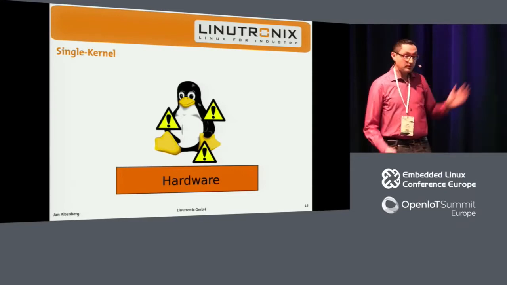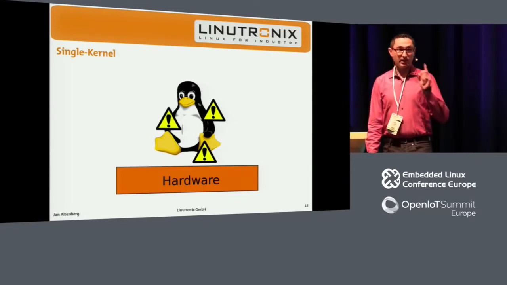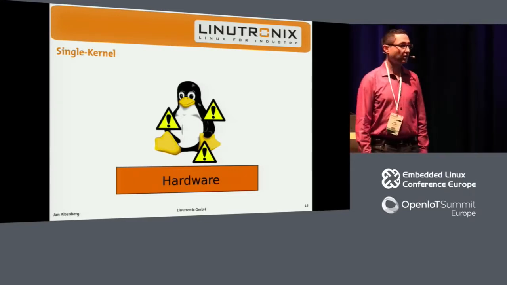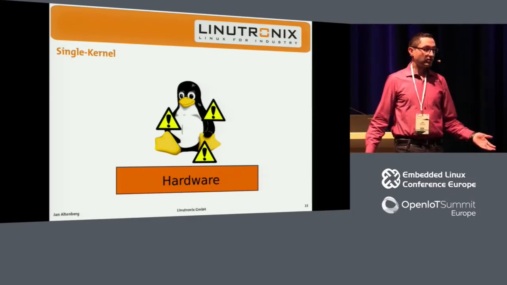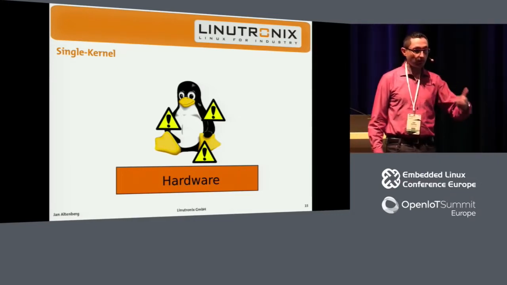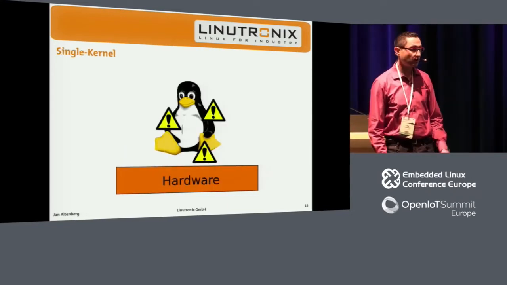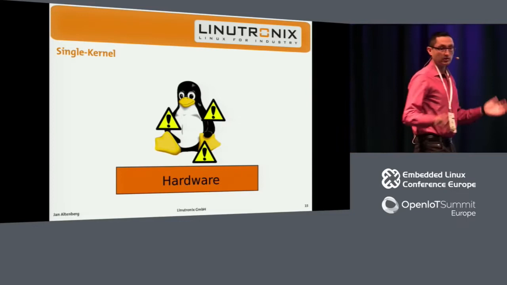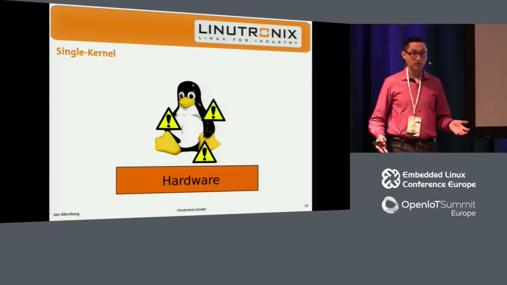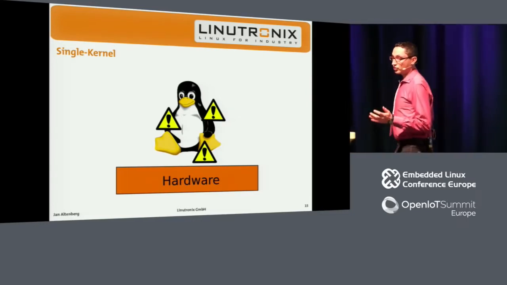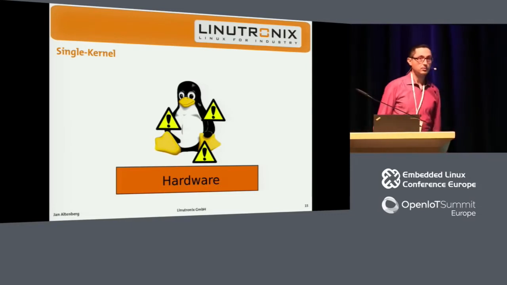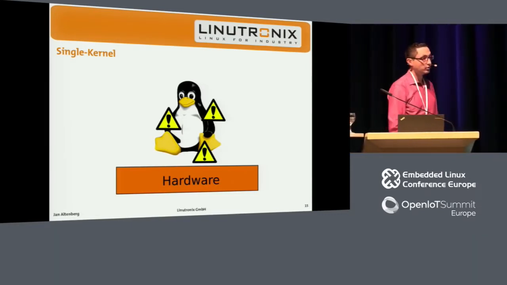At first glance it looks like a big job, but at the end of the day, the result is that you have real-time in Linux. You have no microkernel to maintain, no hardware abstraction layer to maintain, and you can just use the standard tools. You can just work with Linux. So if you had the choice to make Linux real-time capable, that would be the way you would want to go.